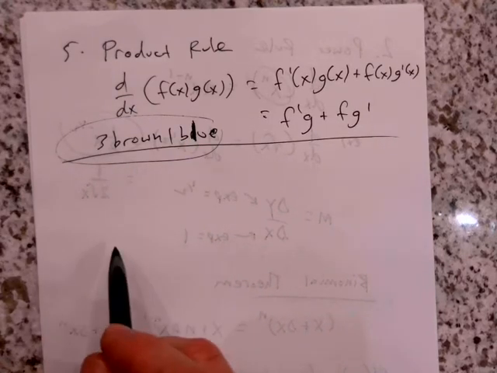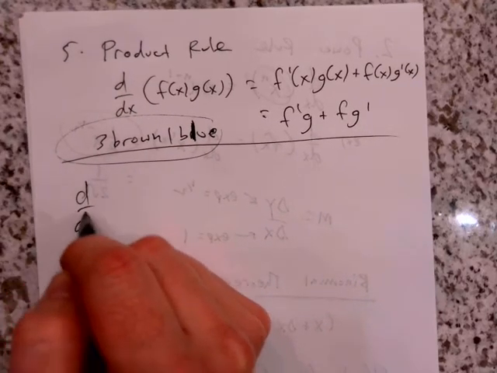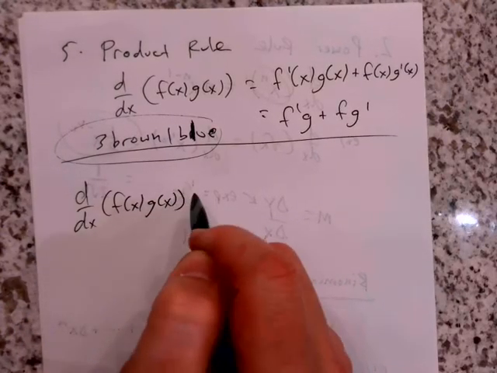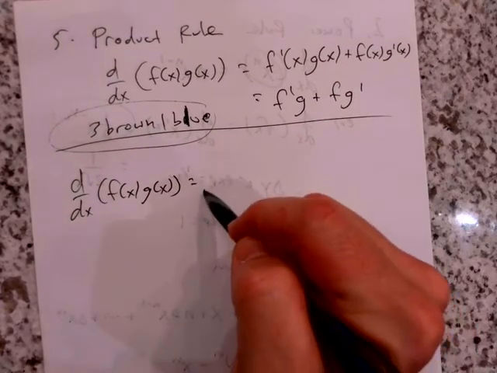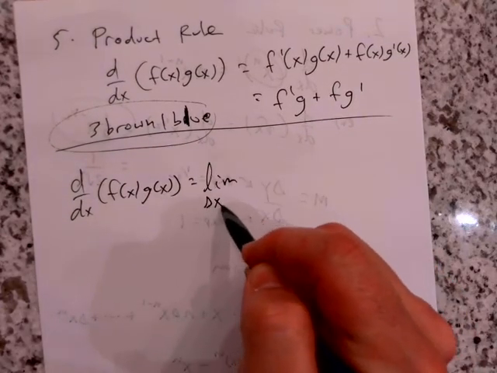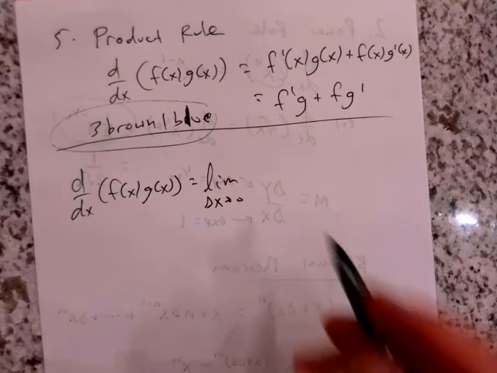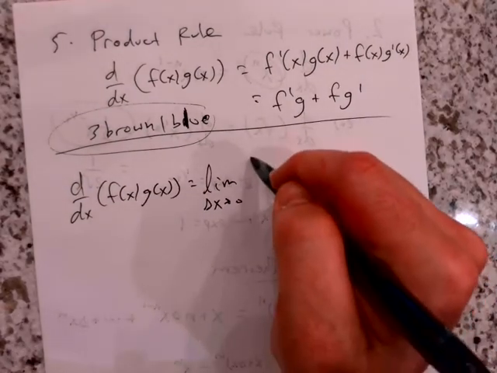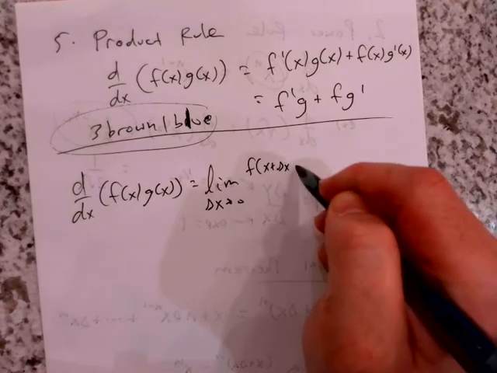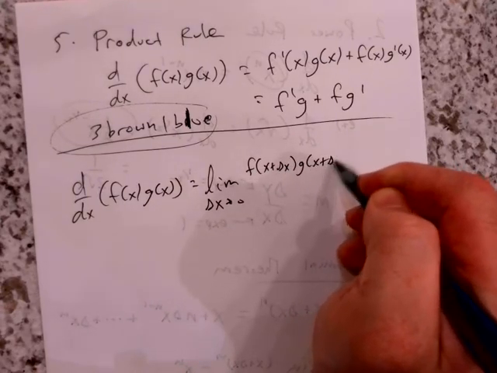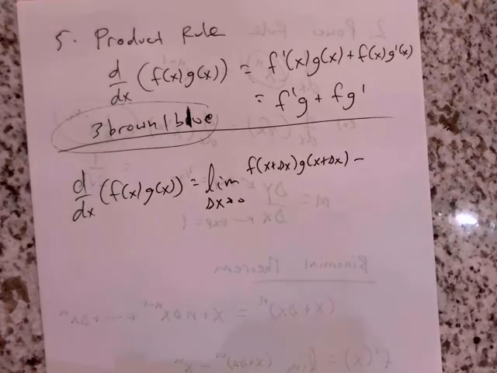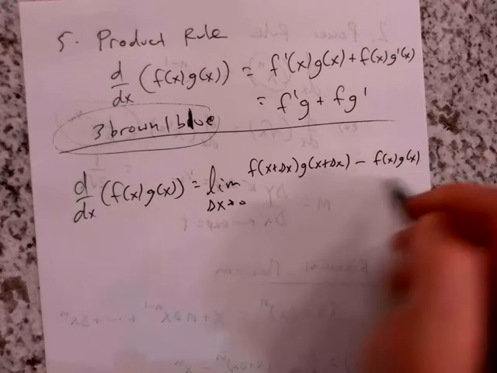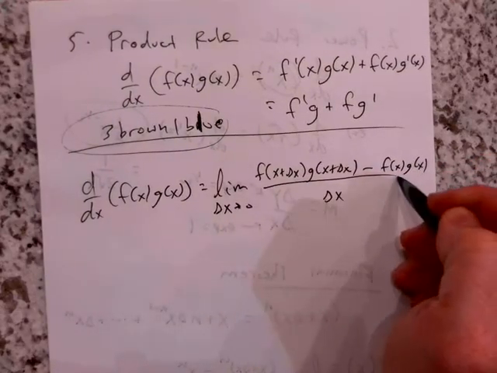So we begin with the derivative of f times g, which we know from the limit definition is the limit as delta x approaches 0 of our function when you plug in x plus delta x, so f of x plus delta x times g of x plus delta x, minus our function when you just plug in x, so f and g, all over delta x.